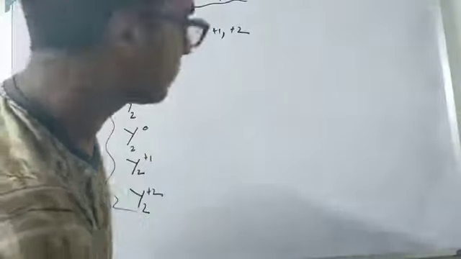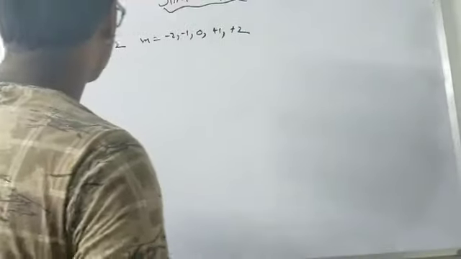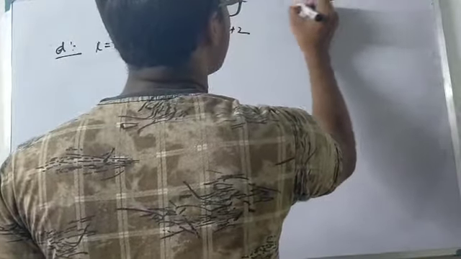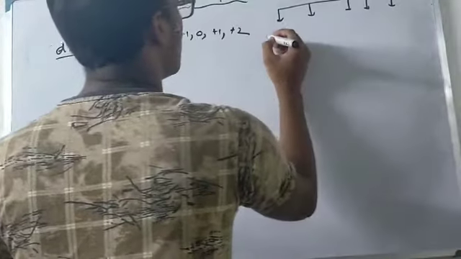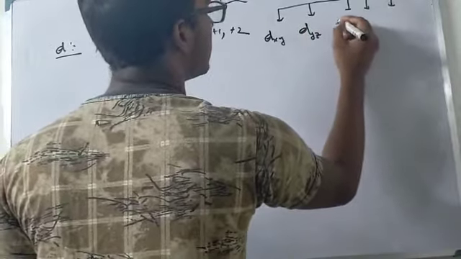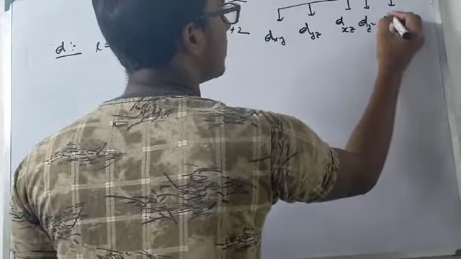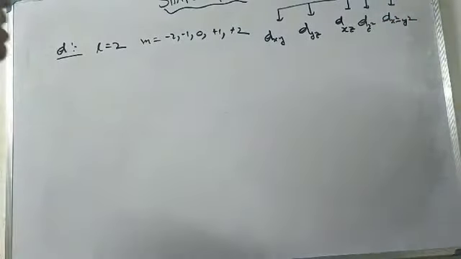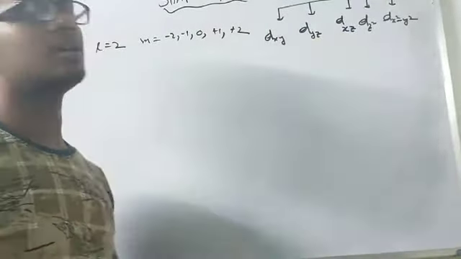First, let me write the traditional names of these 5 types: dxy, dyz, dxz, dz square, and dx square minus y square. One by one I will tell why this is called dxy, why this is called dyz, and why this is called dxz.